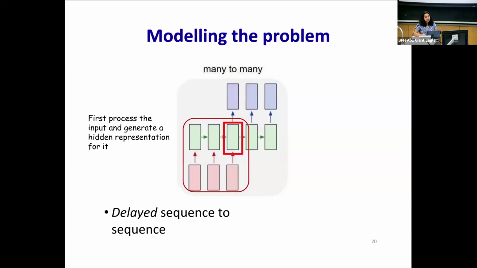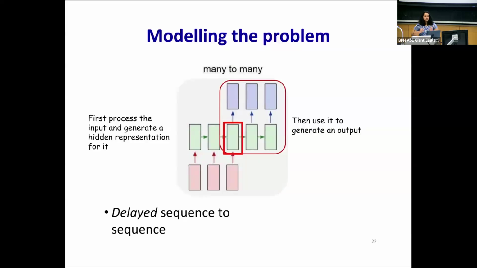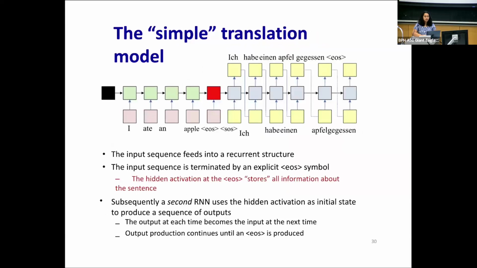By passing the entire sequence, the model gets an idea of the context of the sentence, and the final hidden representation of the input sequence is then used by the decoder to generate an output. We'll go in depth on the encoder and decoder.